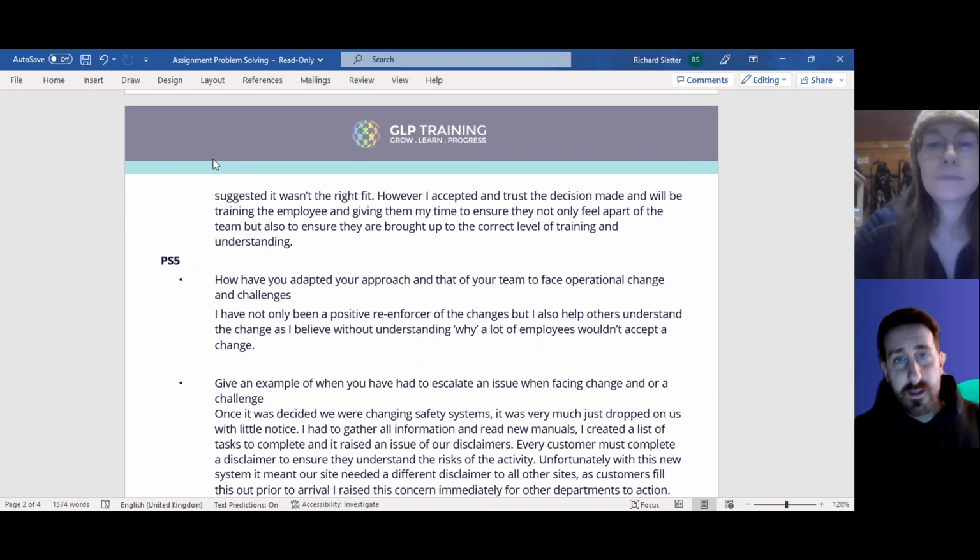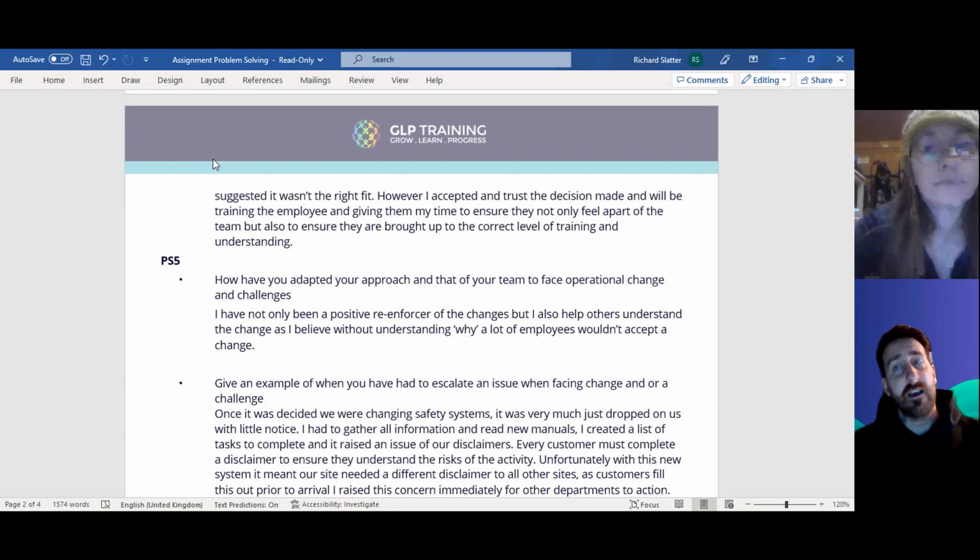Yeah, I think you're right, particularly with operations and processes. It's one thing saying to somebody, right, this is how we're doing it from now on. Why? Well, just don't worry about that, just do it. If you explain the why behind the process, it allows them to place value upon it and see the value in it.